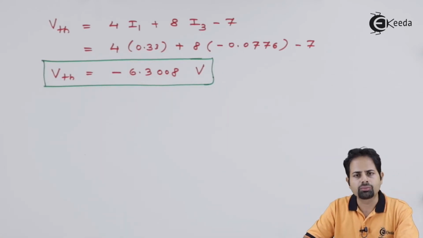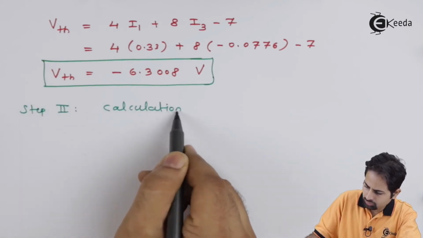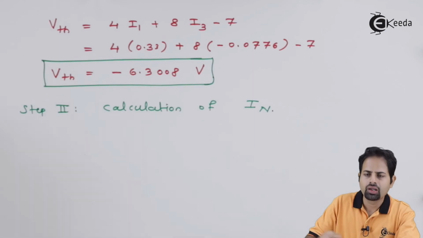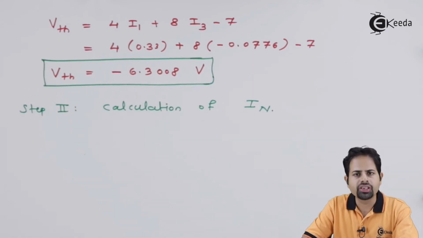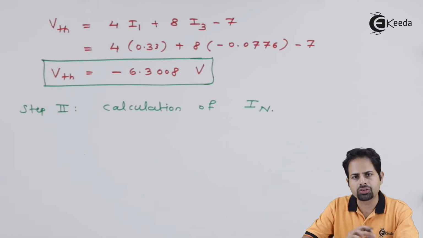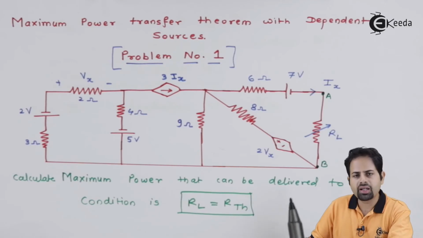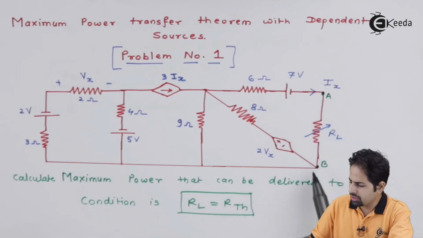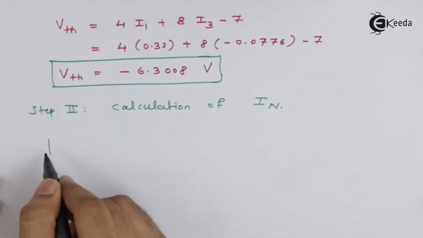Now we'll go for step number 2, that is calculation of IN, that is Norton's current. For this, we need to short the branch which we just opened. So we'll go back to the original circuit. This is my original circuit. This is the branch AB which I will short now, and I will redraw the circuit.